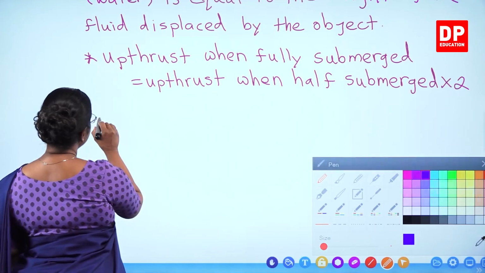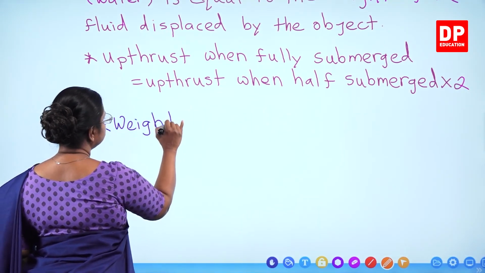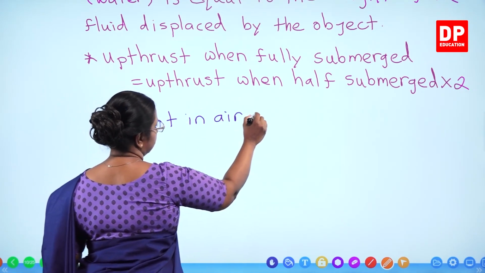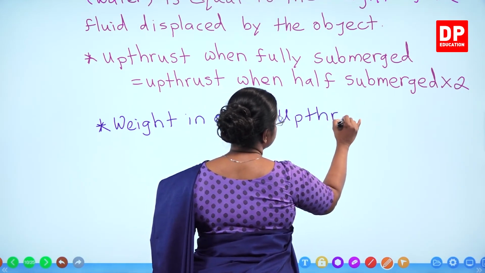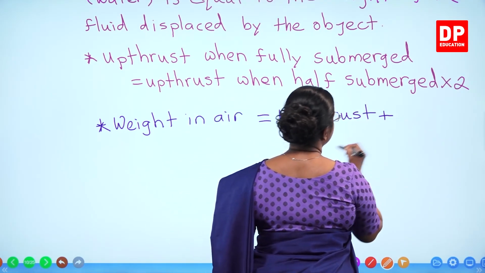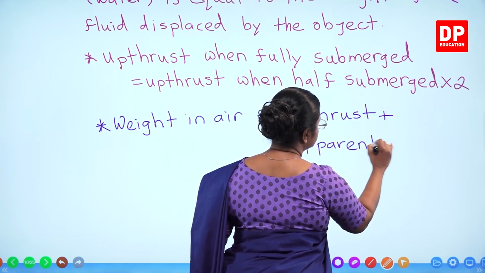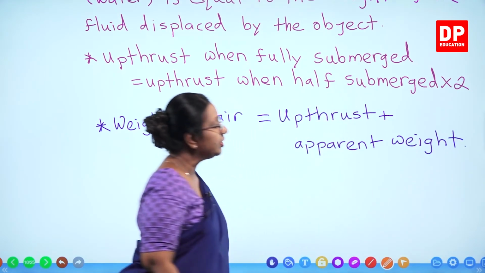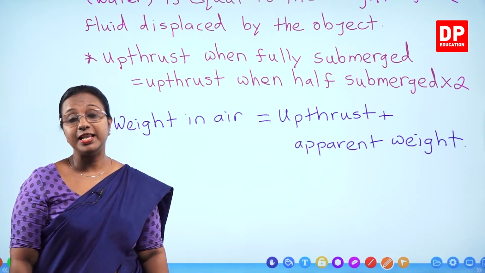What did we see? The weight in air, or the real weight, is equal to the upthrust plus the apparent weight. So why do we get an apparent weight? Because the upthrust causes a weight loss.